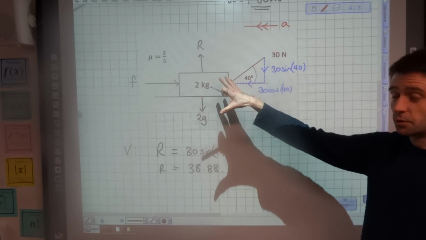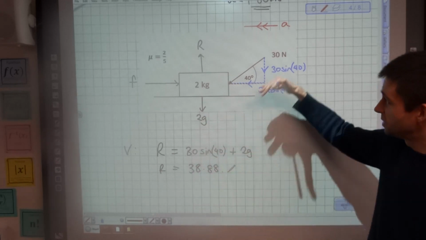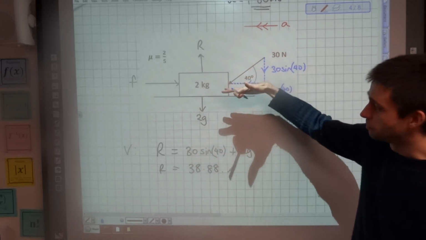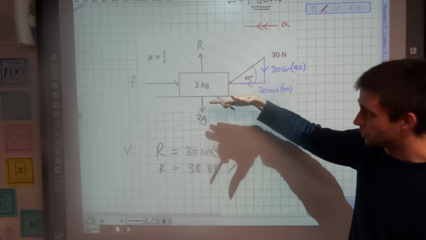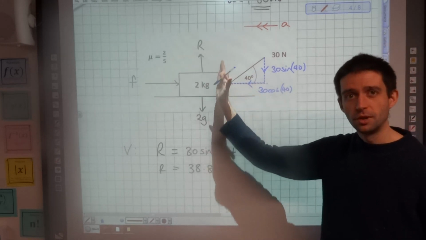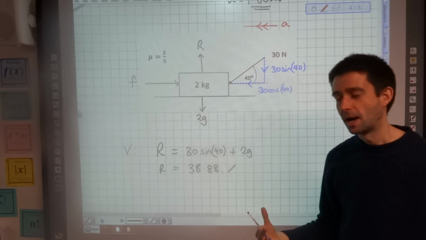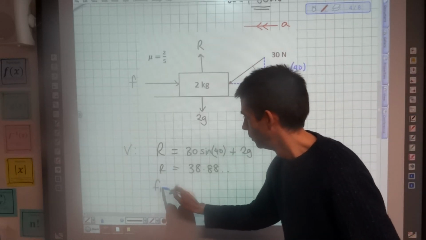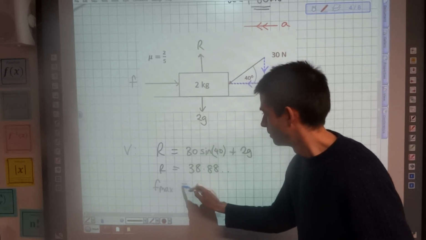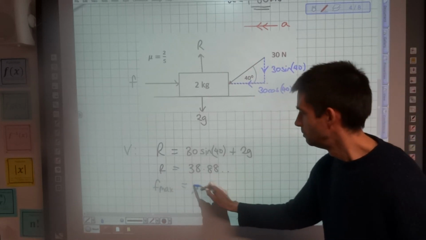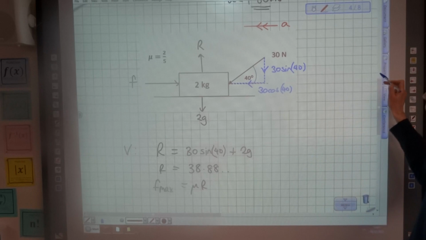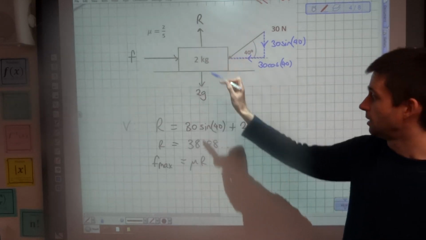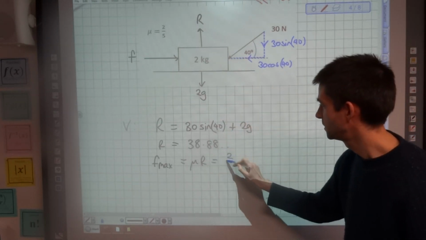So that reaction force is greater than the weight, and the reason for that is this force pushing down on the box is causing it to press harder on the ground, and the ground is having to react with a greater force to counteract that. So that's the reaction force. We use that to calculate the maximum value of friction using mu times R. Now we're given here that mu is equal to 2/5.